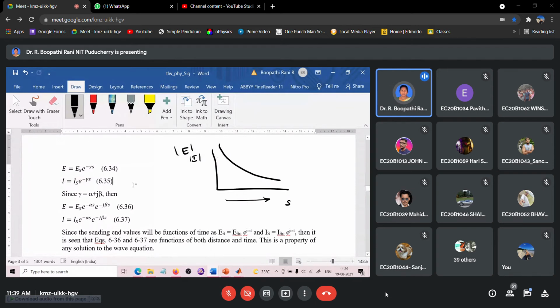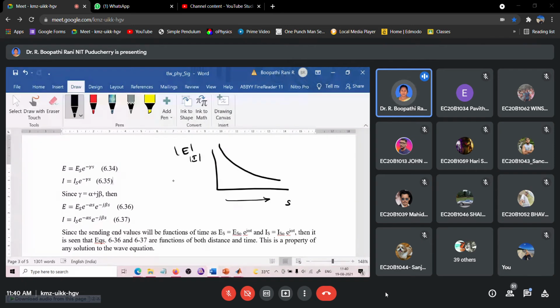Similarly, we can give the expression using sending end current and voltage also. That time, this e power term will be negative. So E will be ES e power minus gamma S. I will be IS e power minus gamma S. Here also we can relate. S is the distance from the receiving end. As S increases, the e power minus gamma S term will decrease, isn't it?